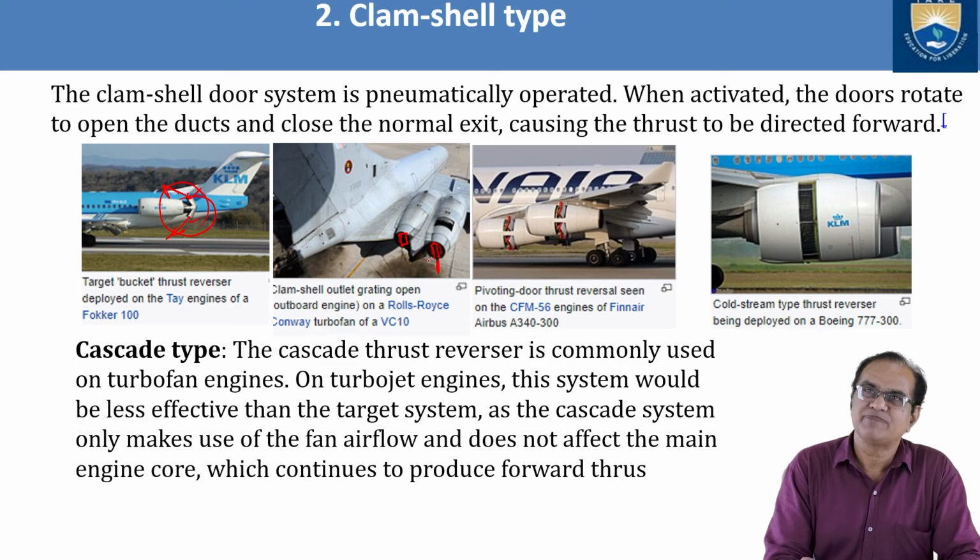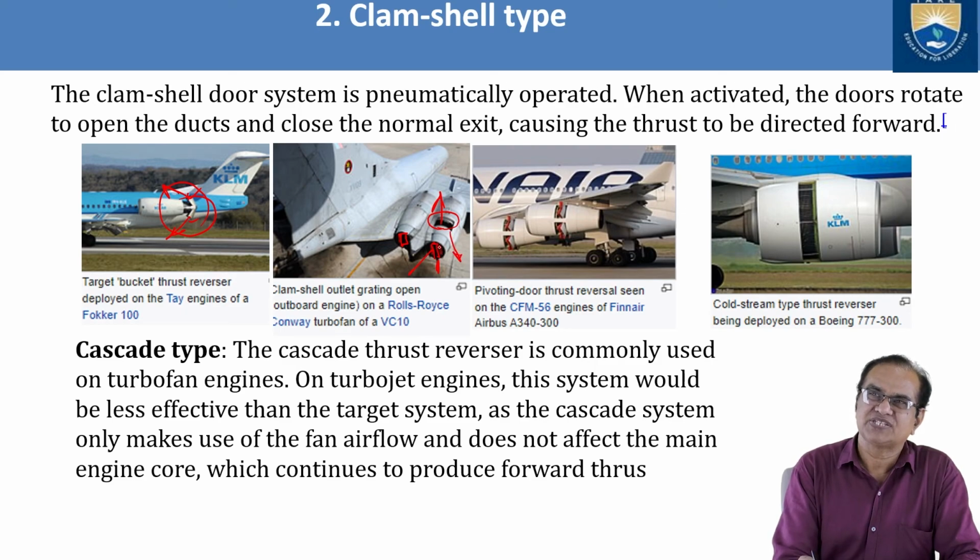This is a clamshell outlet grating open on the outboard engine of a Rolls-Royce turbofan of the VC10. Here we are using another grate, so in place of going straight, some air enters in this direction and your thrust is reduced.